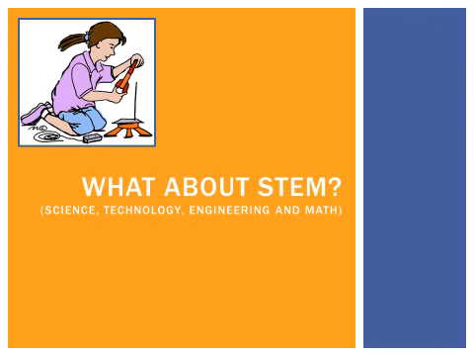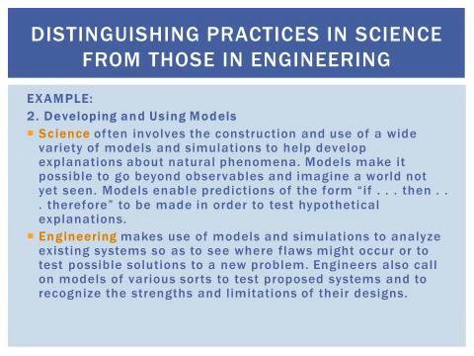STEM is a buzzword everywhere in education these days. Let's take a closer look at the engineering part of STEM. The framework for K-12 science education breaks down each of the science and engineering practices into what they look like for science and engineering. Here is one example for the developing and using models practice.